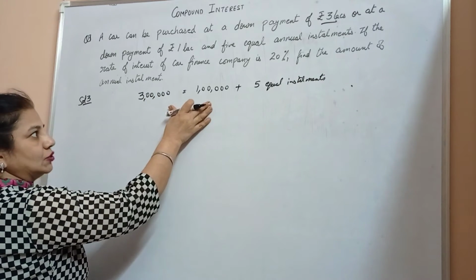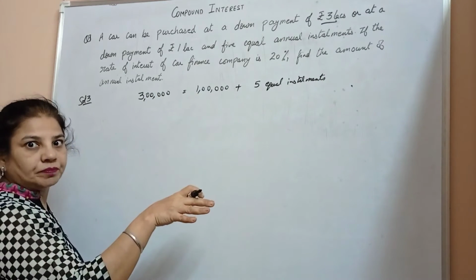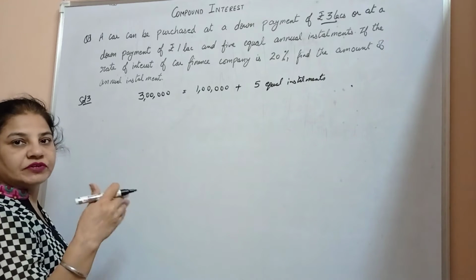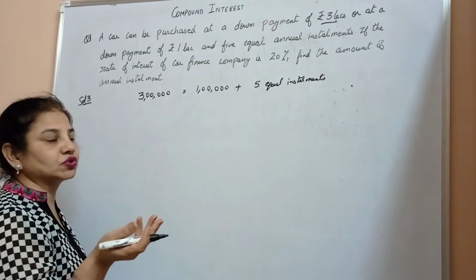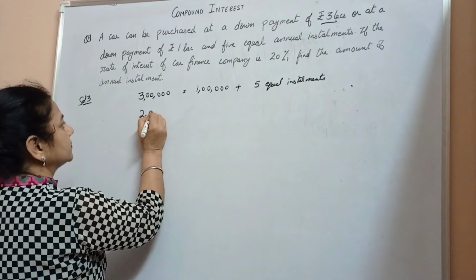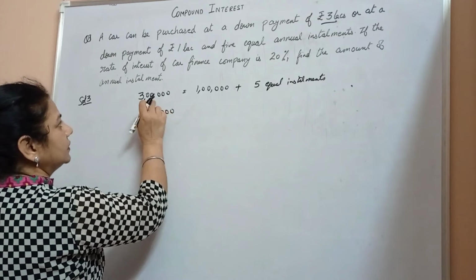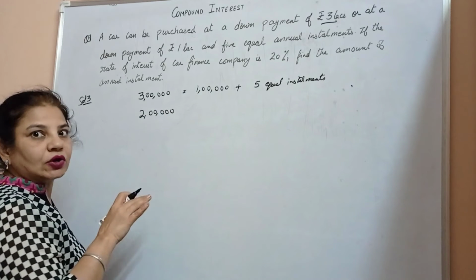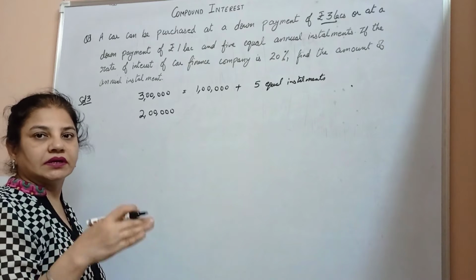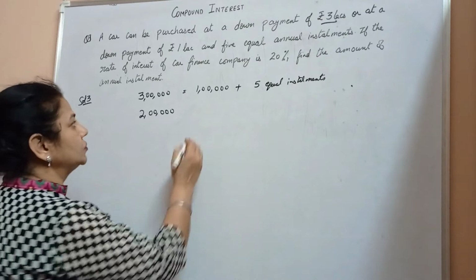So actually 1 lakh is already done in the down payment. So the actual amount which we have to give by 5 equal installments is 2 lakh rupees. 3 lakh minus 1 lakh, 2 lakh rupees is being divided into 5 equal installments.